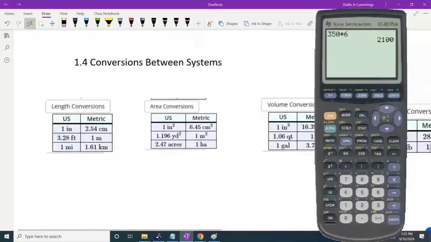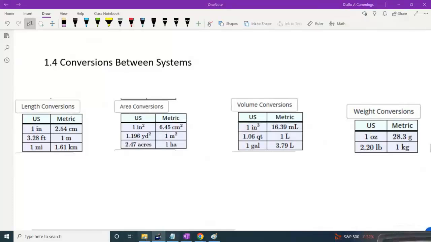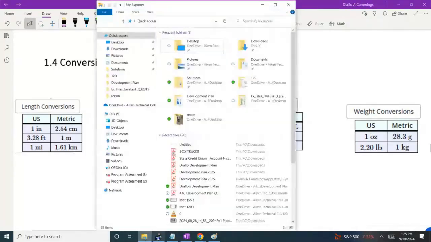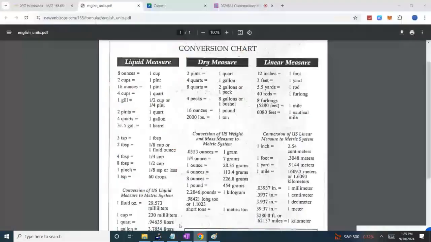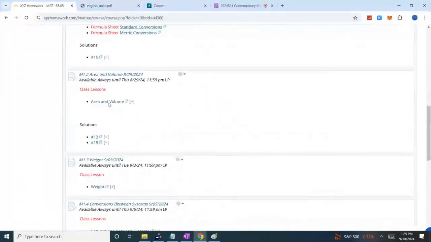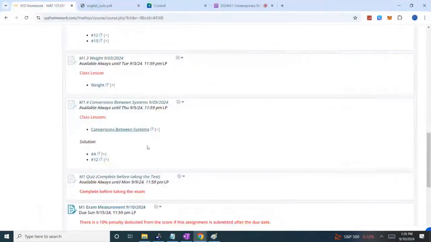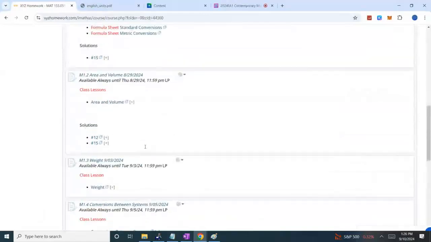All right, now in the next section, conversion between systems. If I go back to XYZ homework, there was a conversion between systems. I thought I had a formula sheet on here somewhere.